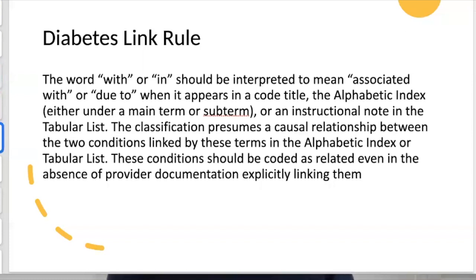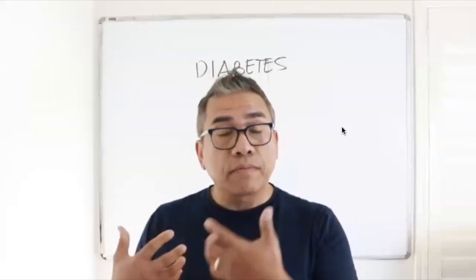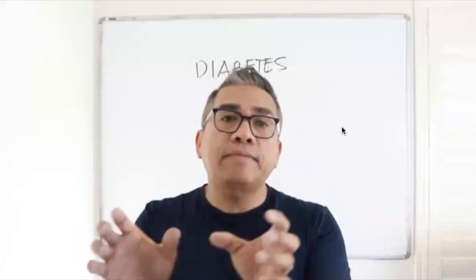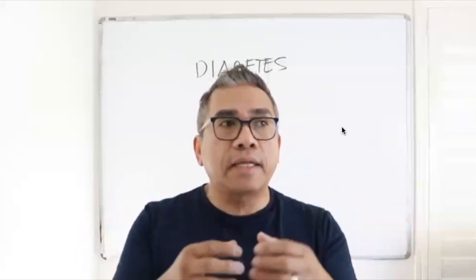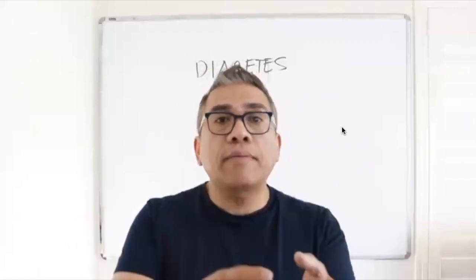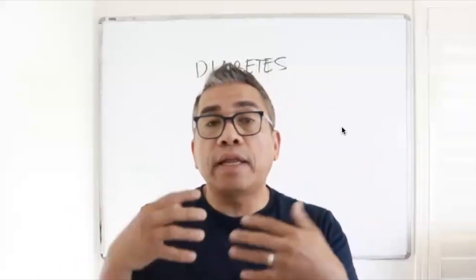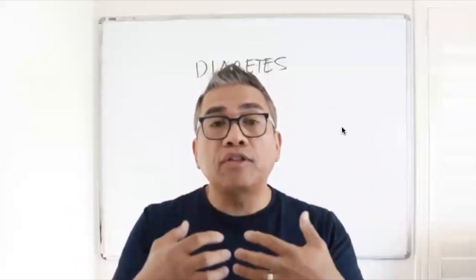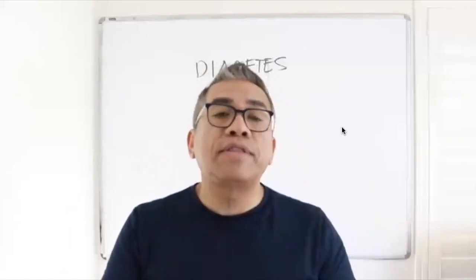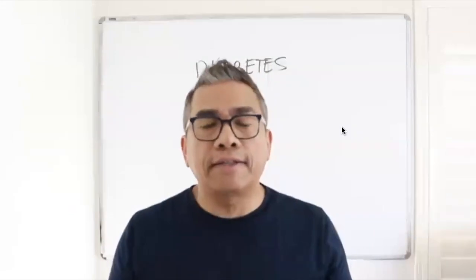The guidelines say that if you are the coder, you don't need to look for any statement from the doctor saying that the diabetes and the chronic kidney disease are associated with each other. You automatically use a combination code. It's not the E11.9 anymore, because there is a combination code specific to that diabetic complication, which is diabetic chronic kidney disease.